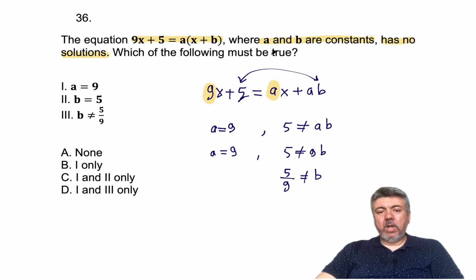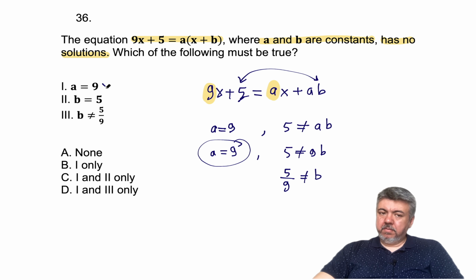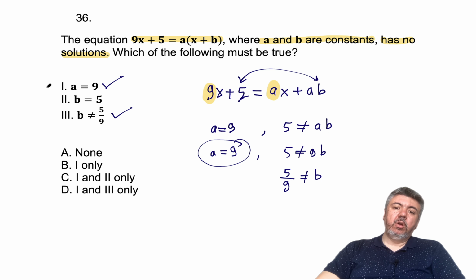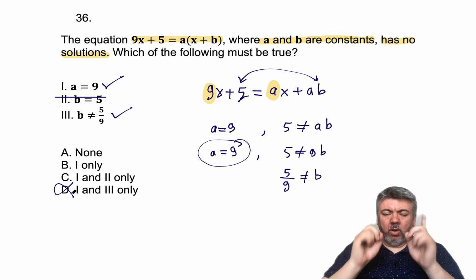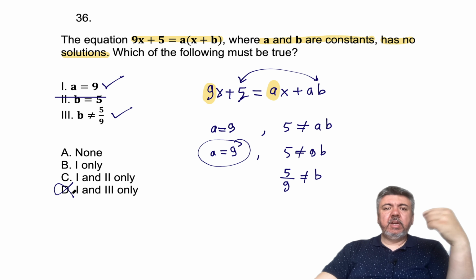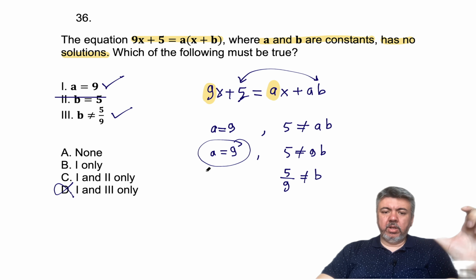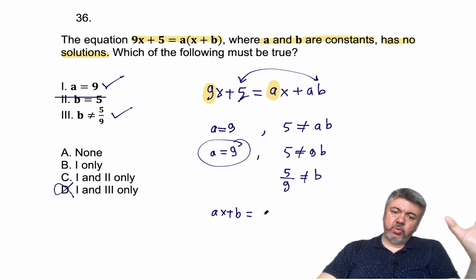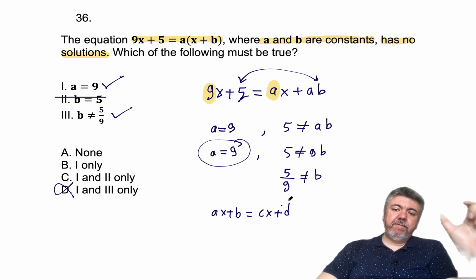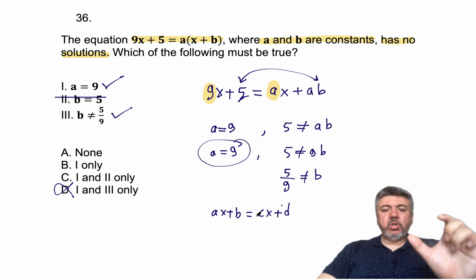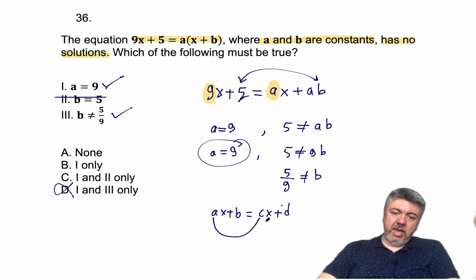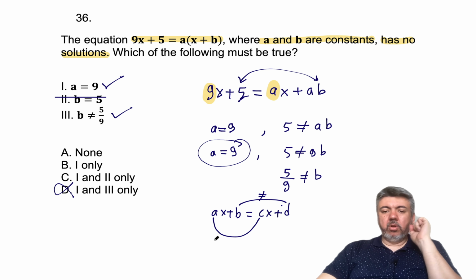So, what must be true? A must be 9, check. And b should be other than 5 over 9, check. So, b is not correct. 1 and 3 only. Once again, if two linear equations of one variable are equal, like ax plus b equals cx plus d, if they say no solutions, you equalize the x coefficients and you make the constant terms different.